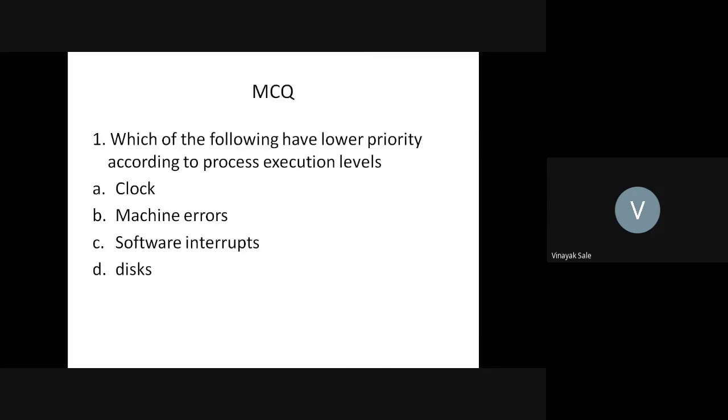And then we move towards the MCQs of this chapter. First MCQ: which of the following has lower priority according to the process execution level? The four options are clock, machine errors, software interrupts, disk. Can anybody answer?